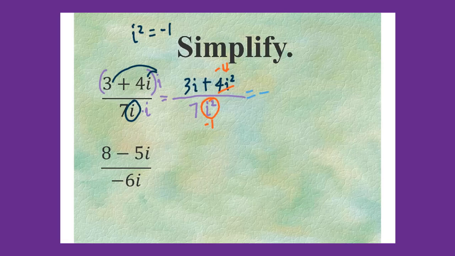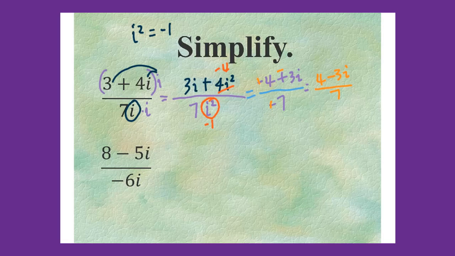So the denominator will be -7. On top, we got -4 plus 3i. Then a negative sign cannot be in the denominator, so I change the sign like this. So you got 4 minus 3i over 7. That's the final answer.